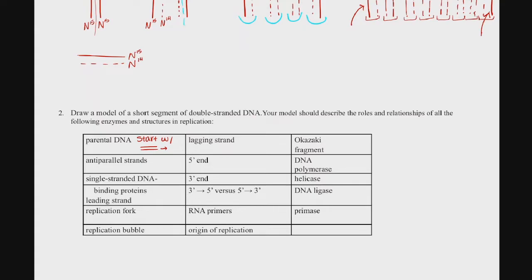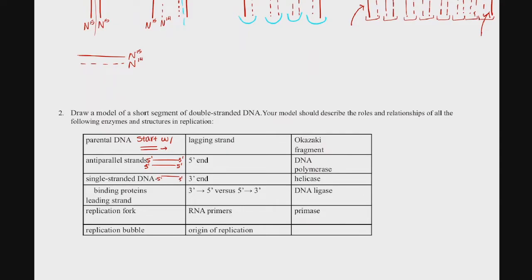Anti-parallel strands are the arrangement in which the DNA is placed when double-stranded. Both of them go in the 5' to 3' direction, but because they are anti-parallel, they are complements of each other. So 5' and 3' will go together on both ends. Single-stranded DNA is just one of these strands.